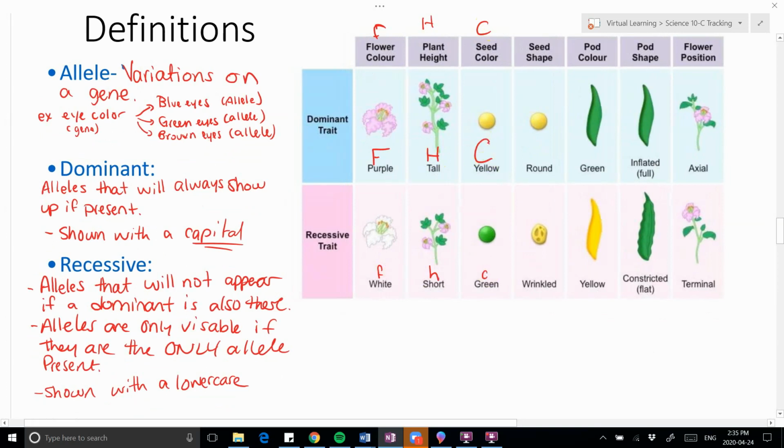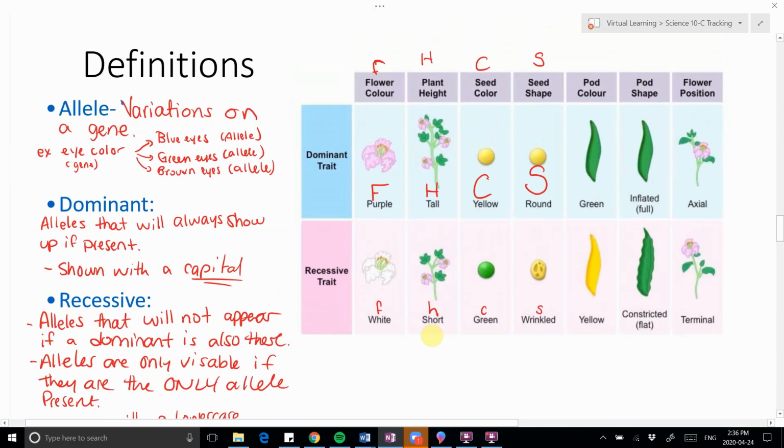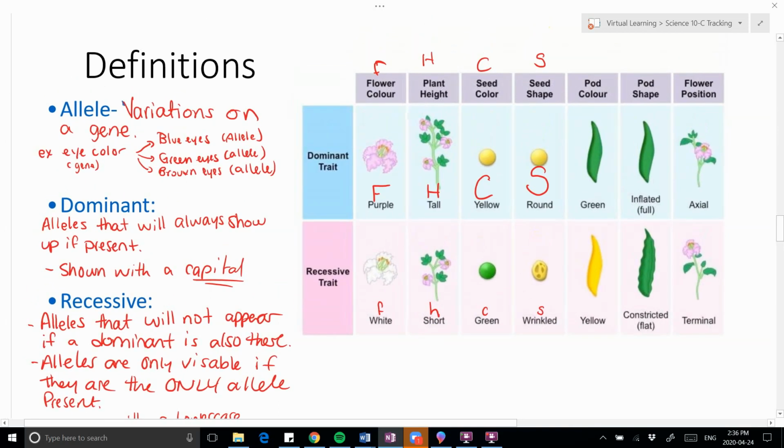And when you're using letters like C's, where your capital and your lowercase look really similar, you need to make it very distinctive that your capital is really big and your lowercase is really small, because we don't want that to be confusing for people that are looking at our letters.